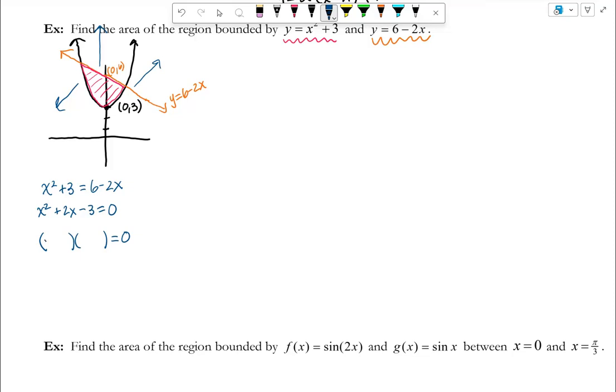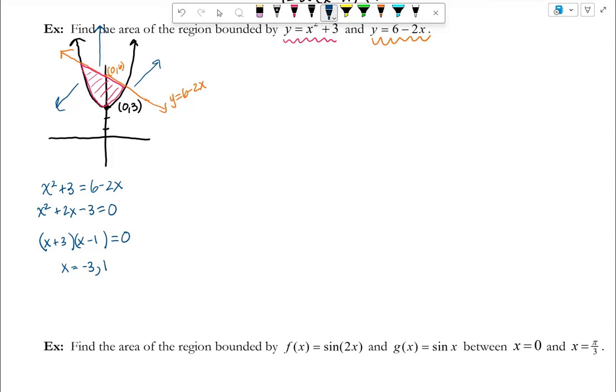If I'm factoring something with an x squared, it's 1x squared, so I need x and x. If I think what multiplies to negative 3 and adds to positive 2, I get a plus 3 and a minus 1. So using the zero product property, we could solve for x: if x plus 3 is 0, x equals negative 3. If x minus 1 is 0, x equals positive 1.